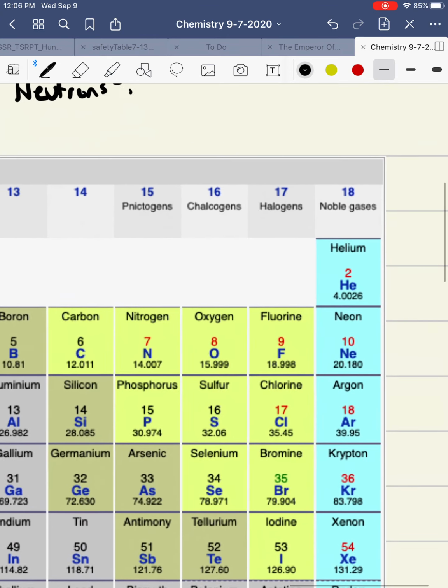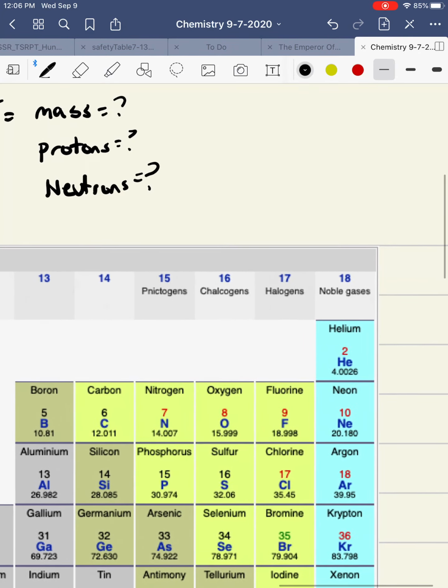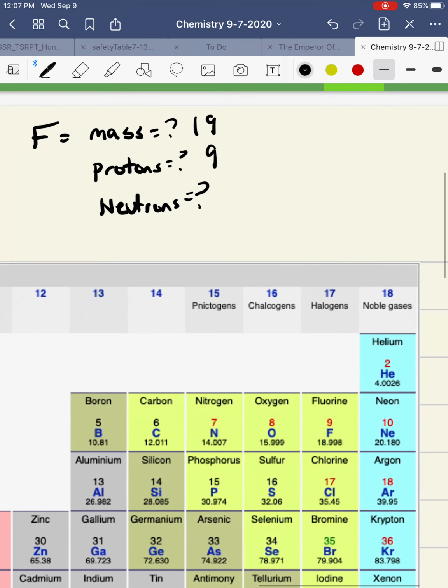Okay, now if we look right over here in this diagram, fluorine has 19 AMUs as the atomic mass units, right? Again, you are going to see me round the numbers up because I'm not going to work with decimals, and I'm okay if you do that too, right? Protons, fluorine's got 9 protons right over here, the red 9.